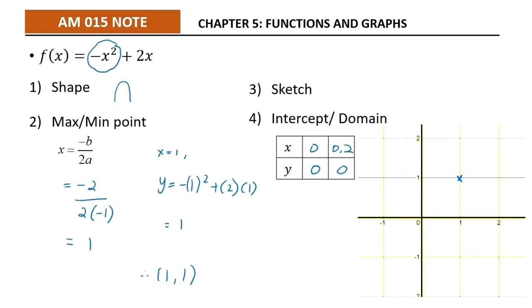When x equals 0, y equals 0, so the graph will cross at (0, 0), and when x equals 2, y equals 0, so it also crosses here. Then connect the points with a smooth graph, starting from below and then going downwards. Then lastly, label the graph.